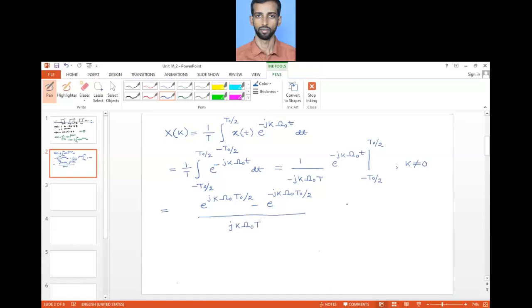Now what is this omega naught? This omega naught is equal to 2 pi by capital T. So therefore, you can also substitute this value like this.